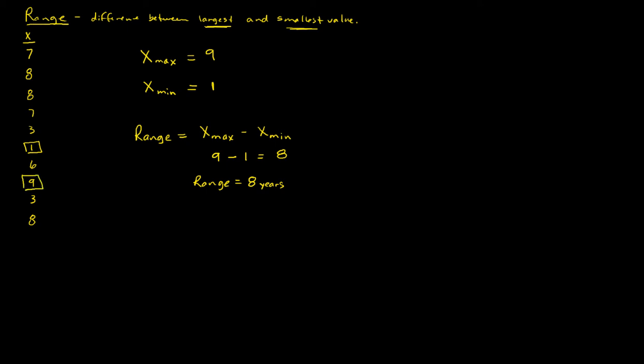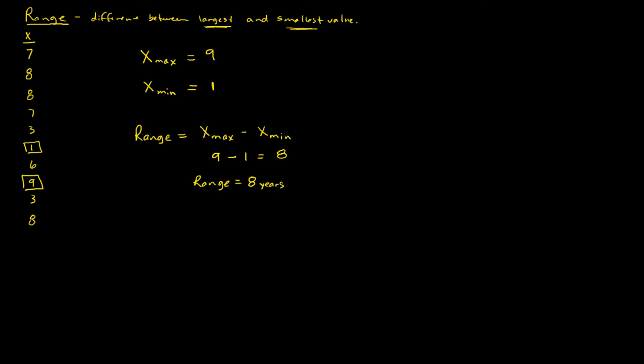So the remaining n minus 2 scores, the remaining 8 scores here, are actually being ignored. And so we don't know how these other scores are actually differing from one another.